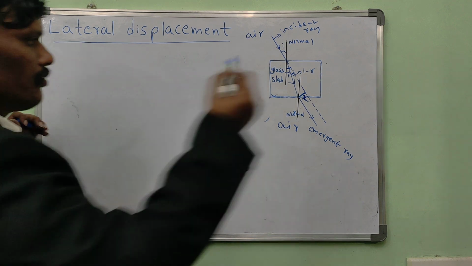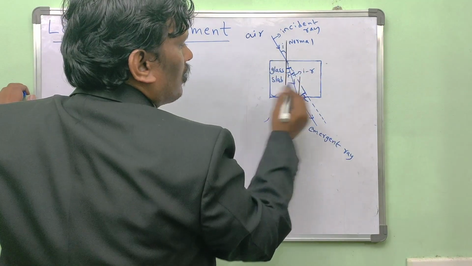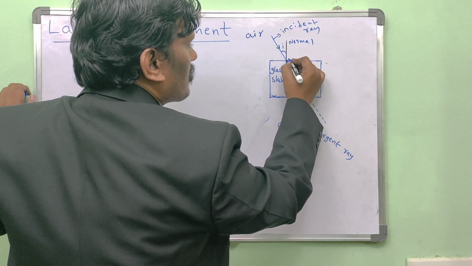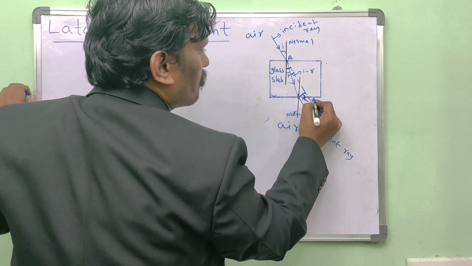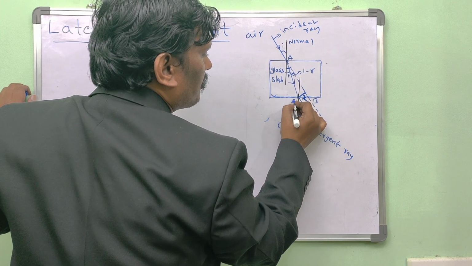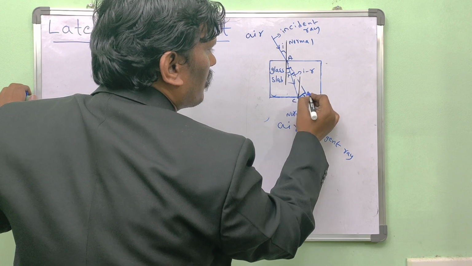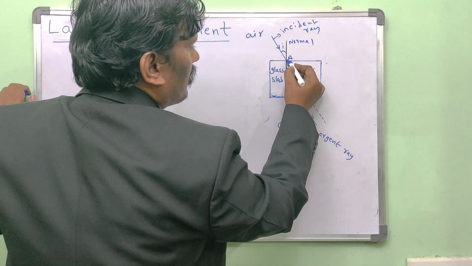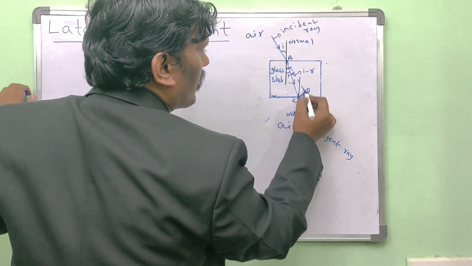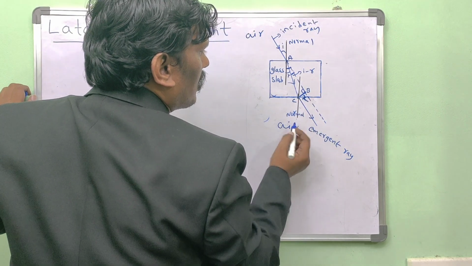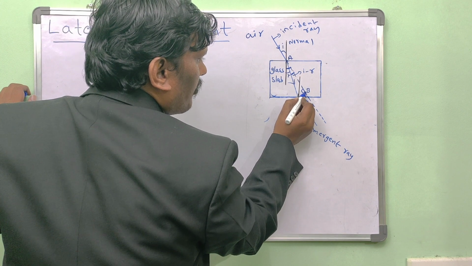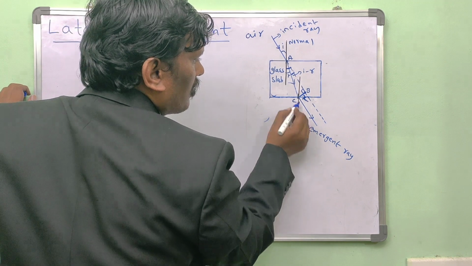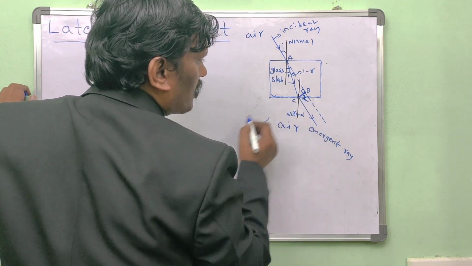Here I am going to consider this triangle. This is A, this is B, this is C. Triangle ABC, a right angle triangle, observe. Here 90 degrees, why? Because this is the perpendicular line between the emergent ray and the original path.